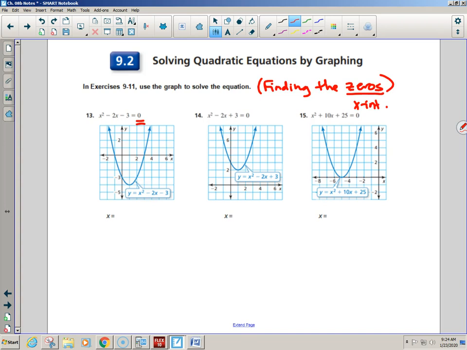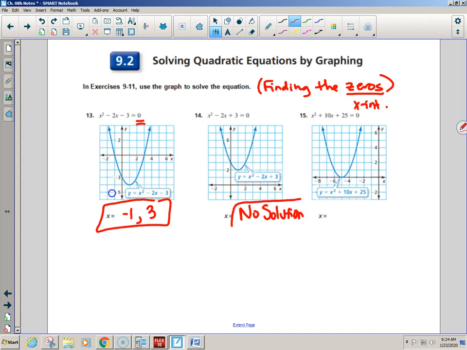So we just have to figure out where it hits the x-axis. Number 9, the first one. Where did it hit the x-axis? At -1, and it's as easy as that. If I give you a graph, just find where it hits that. Look at number 14. No solution because it doesn't hit.